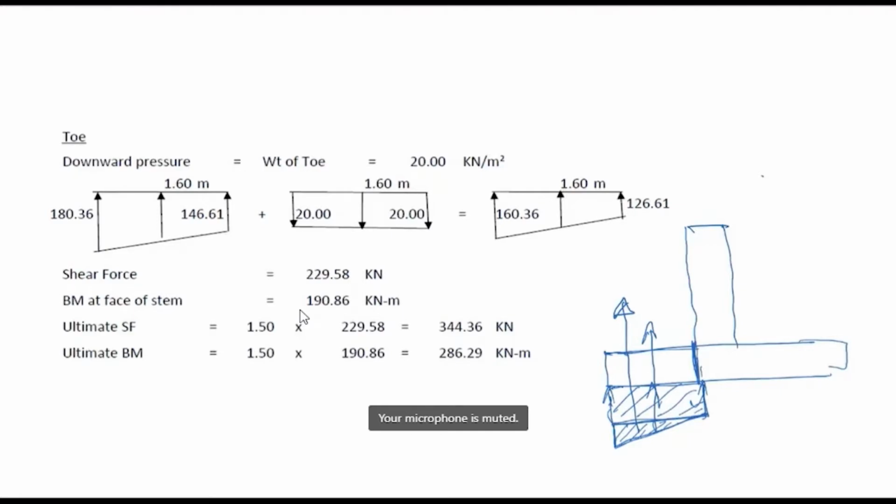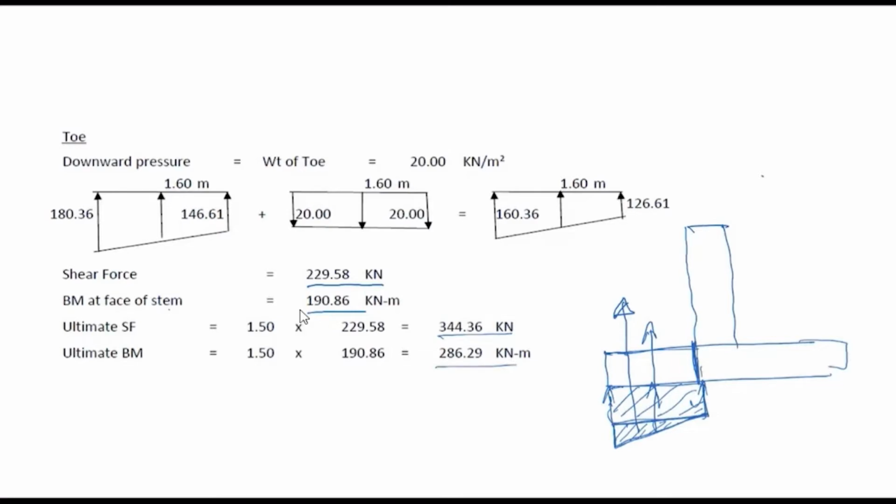With this, we can calculate the shear force for the toe slab, that will be equal to 229.58, and the bending moment at the face of the stem is equal to 190.86. Then by applying the load factor, we can get the factored load.